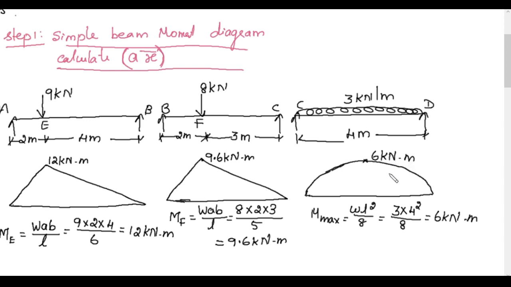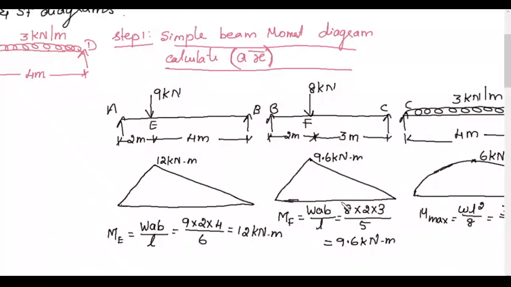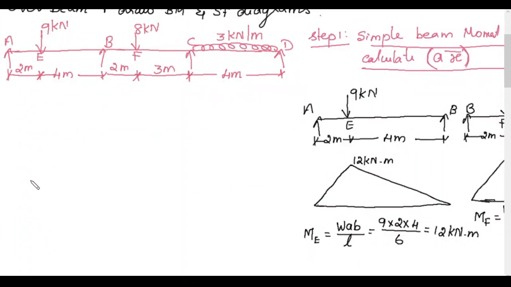Now we will draw the simple beam moment diagram below our given diagram, right? So at A, B, C and D, the moment is 0.